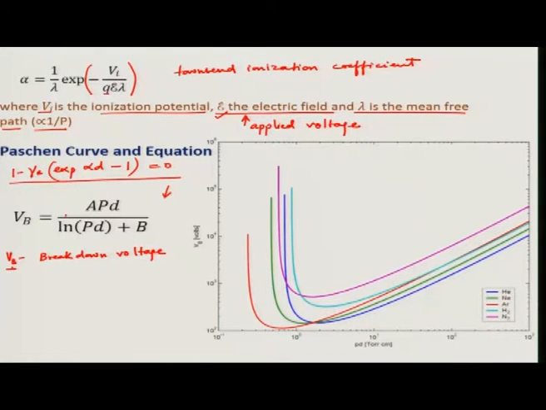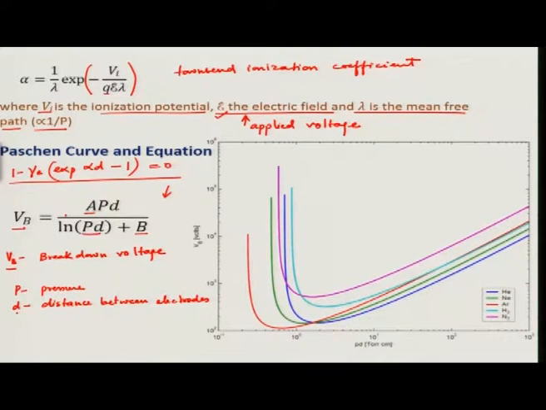Now, A and B are coefficients in this, and this VB depends on the product of P and D. P is the pressure and D is the distance between electrodes. So, VB by D will be my breakdown field.